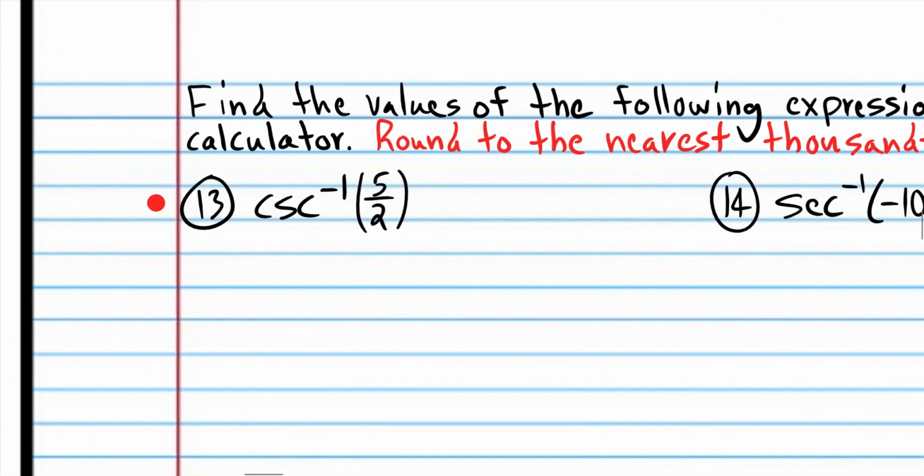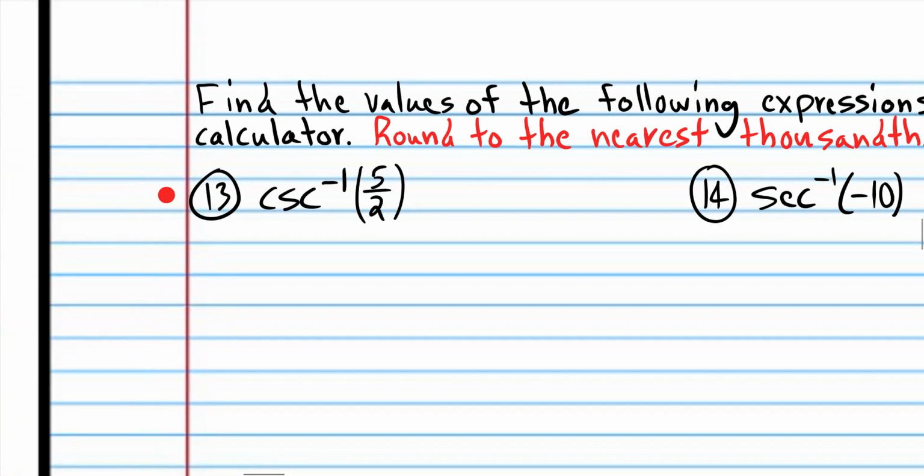But there's a big problem, and this is the whole point of what we've been reviewing, to set you up for these problems. Remember, your calculator most likely does not have a cosecant button, and therefore it does not have a cosecant inverse button either. So how do we do this?